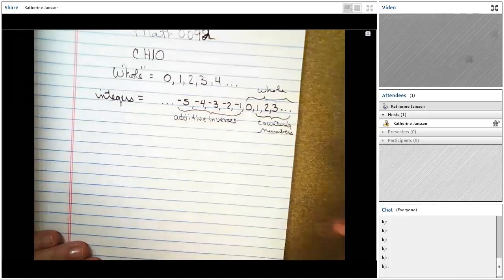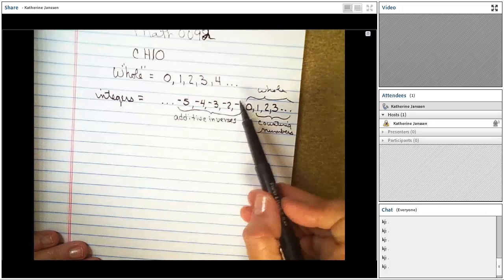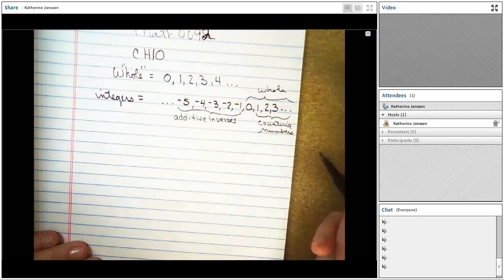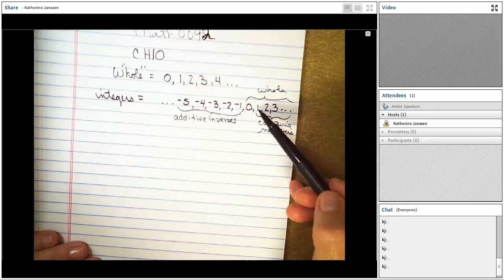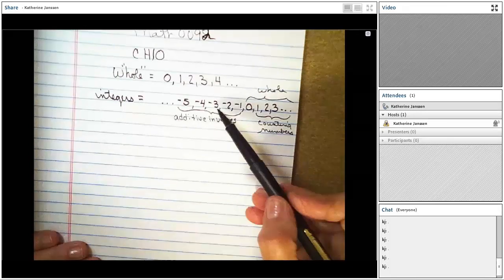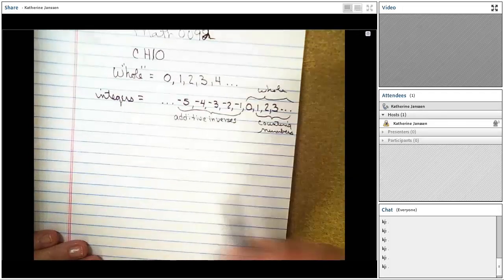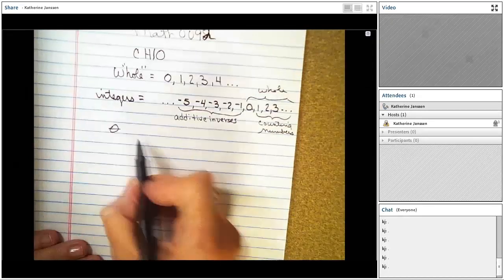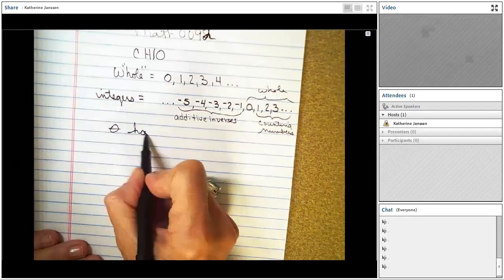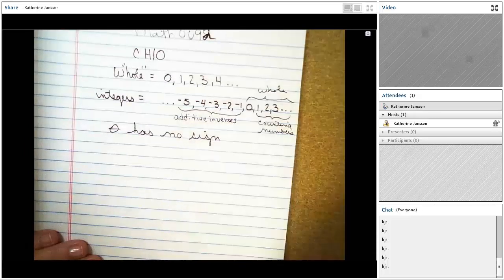So we have the whole number 0, the counting numbers 1, 2, 3, 4, 5, 6, and their additive inverses, -1, -2, -3. And remember the additive inverse is the opposite. The opposite of 1 is -1, the opposite of 2 is -2, and the opposite of -3 is +3. We just wanted to remind ourselves that 0 carries no sign. So 0 is neither positive nor negative.